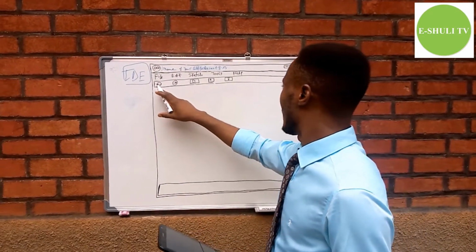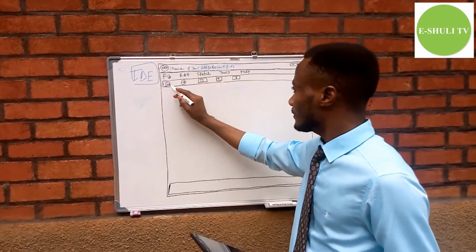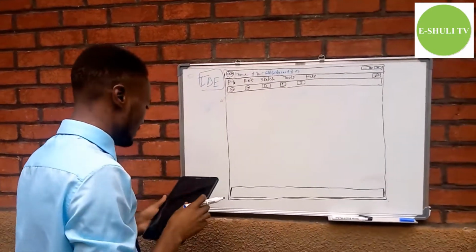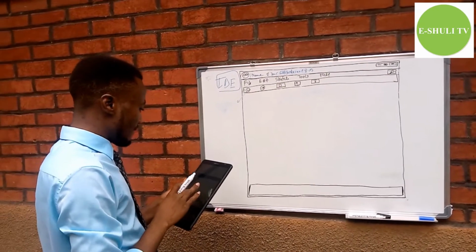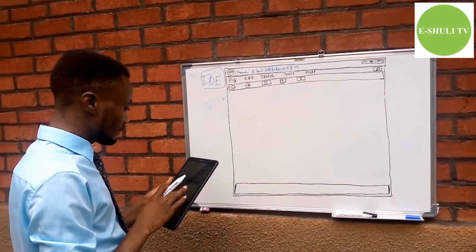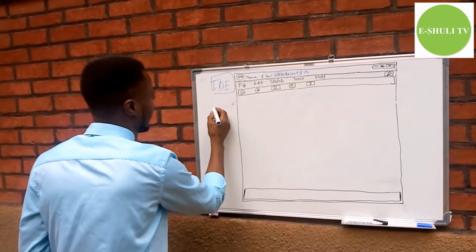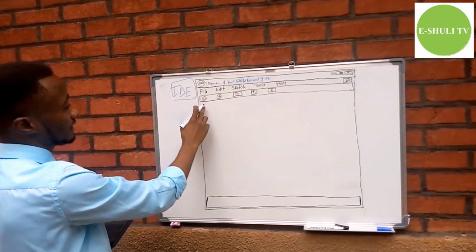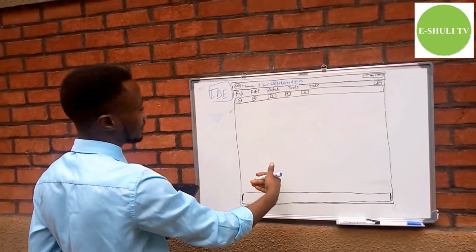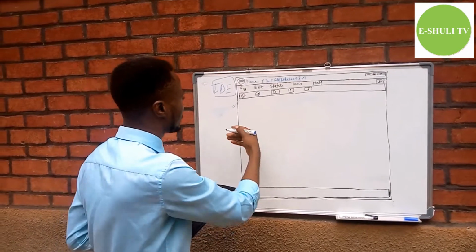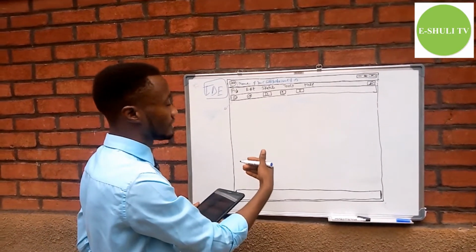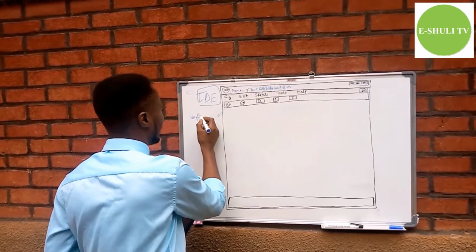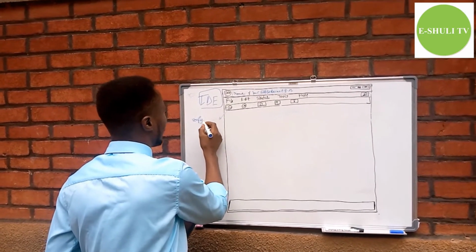Then there are other icons here. When you have this page, this is verify. You need to click on this icon when you finish to build your codes and you want to check if there are no errors. This is verify or compile.